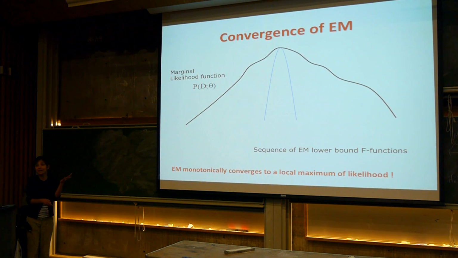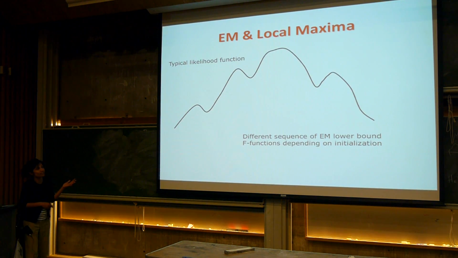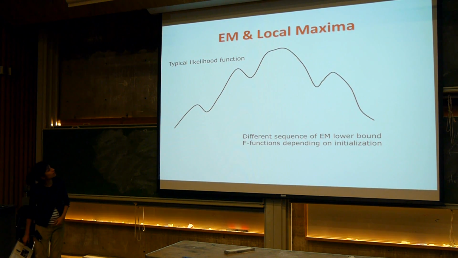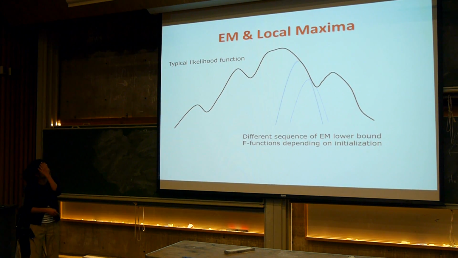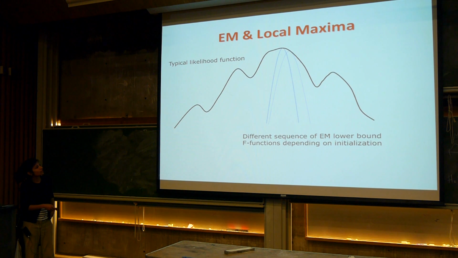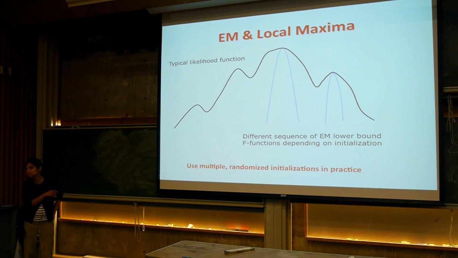Often it doesn't get you to the global maximum, because the functions often look like this. It doesn't have a single maximum likelihood. So there are local maxima. And depending on where you start from, you could start very nearby, but you could end up at different local peaks. So EM always converges.